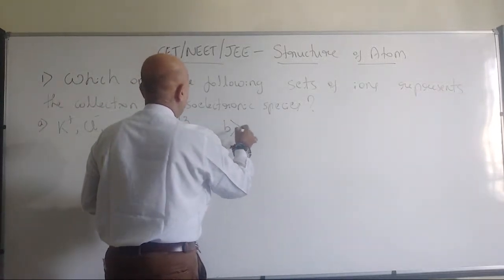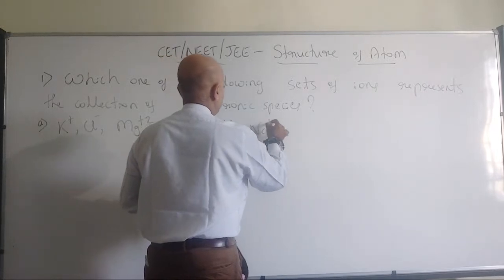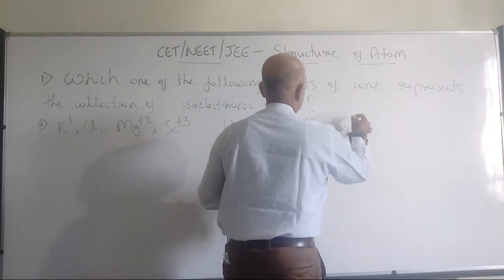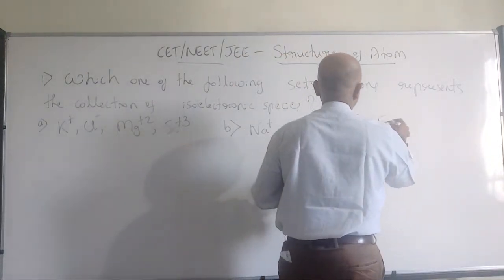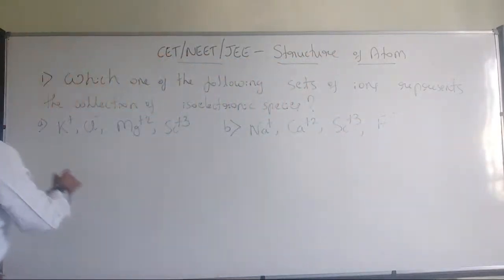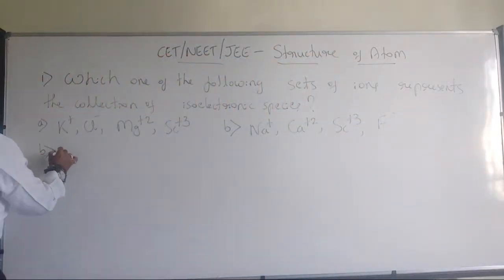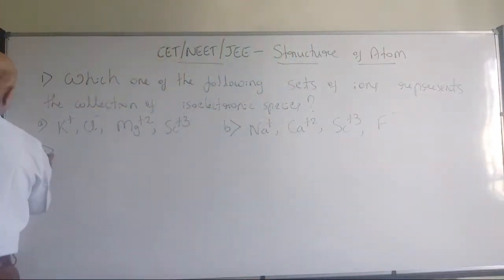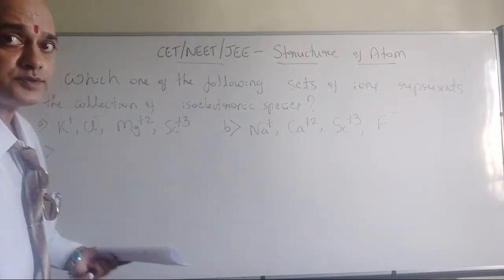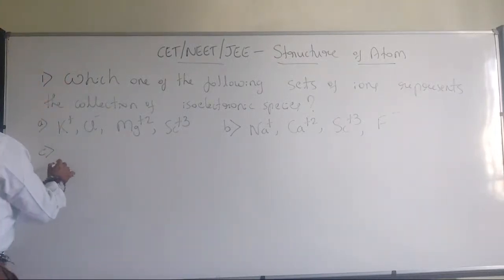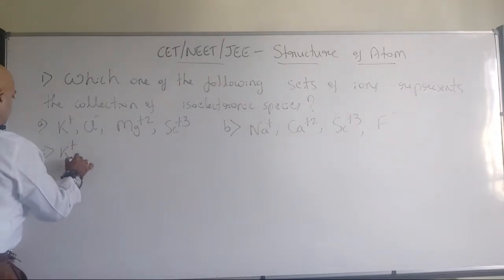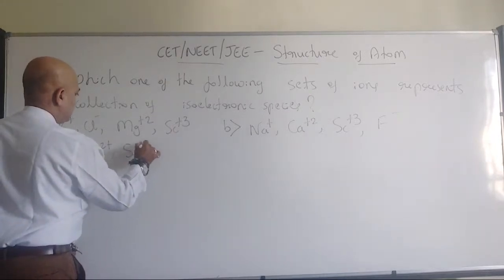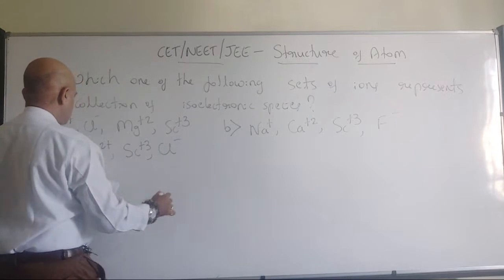Option B: Na plus, calcium plus 2, scandium plus 3, then fluoride F minus. Option C: K plus, potassium plus, calcium plus 2, scandium plus 3 and chloride.